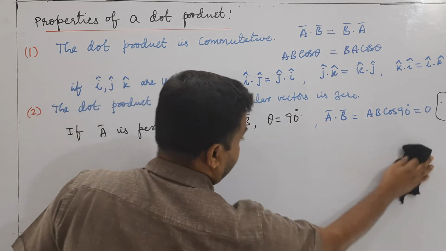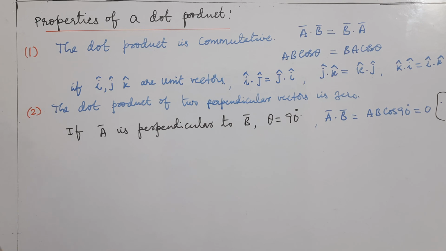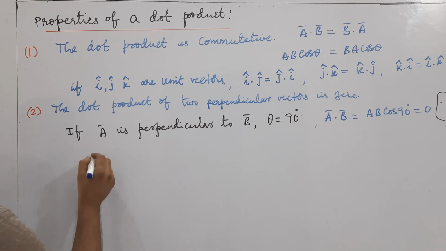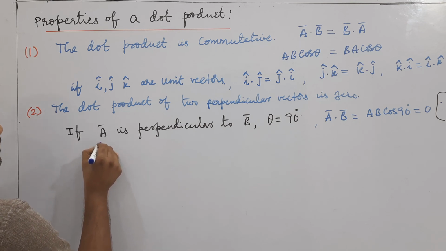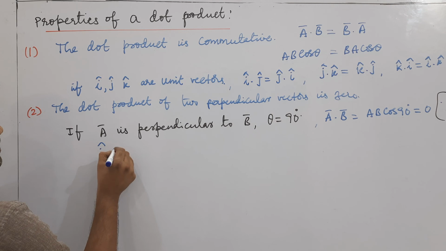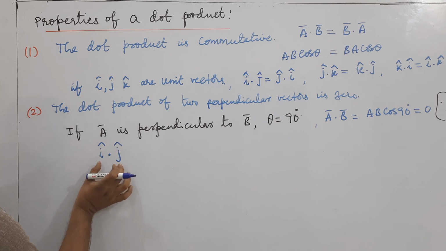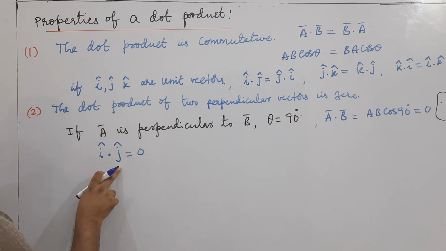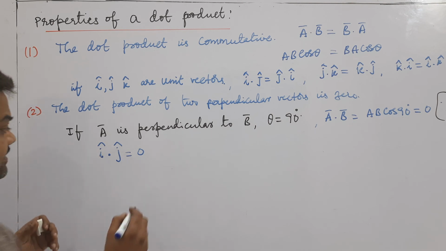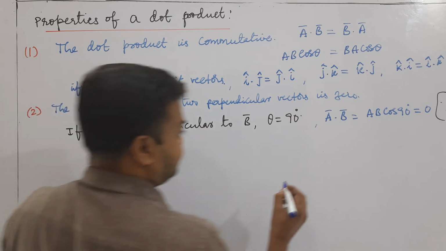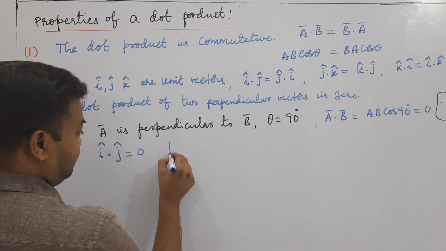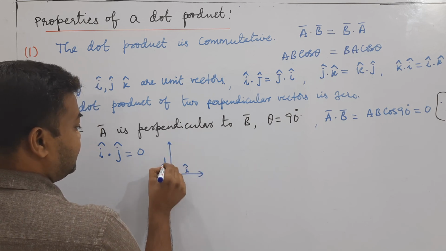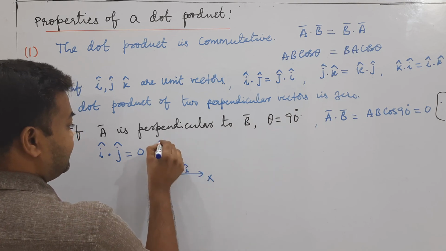If the same concept applies to unit vectors i, j, k, then i bar dot j bar must be 0, because i cap and j cap are unit vectors along the x and y axes.